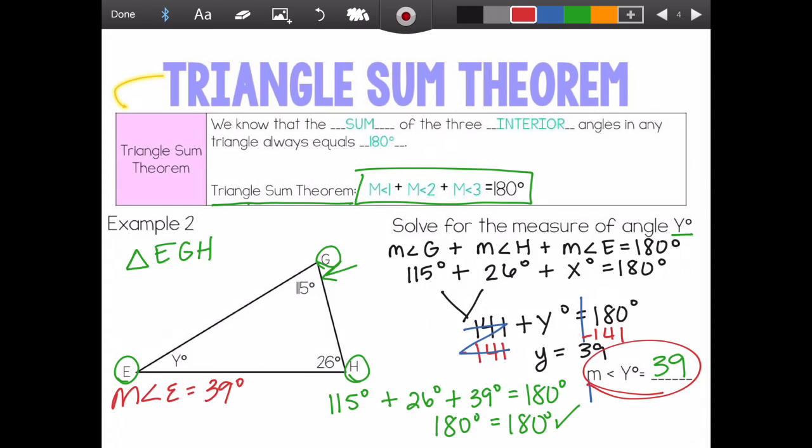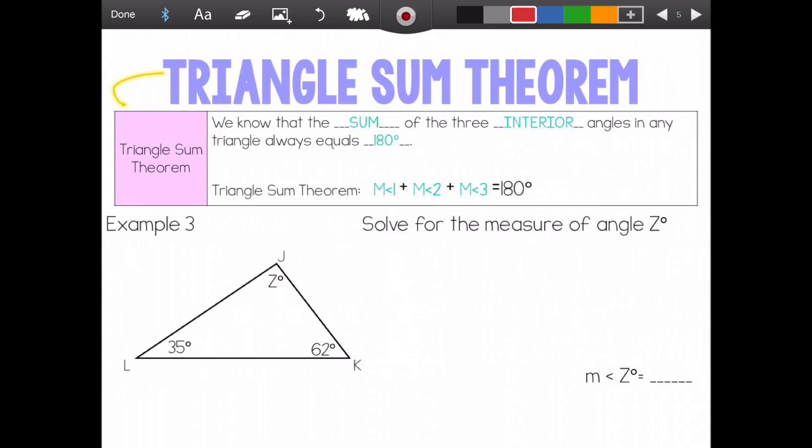Okay, the next example has us solving for z. I'm going to write my equation. This is triangle LJK. My equation is the measure of angle L plus the measure of angle K plus the measure of angle J, and that's all going to equal 180 degrees.